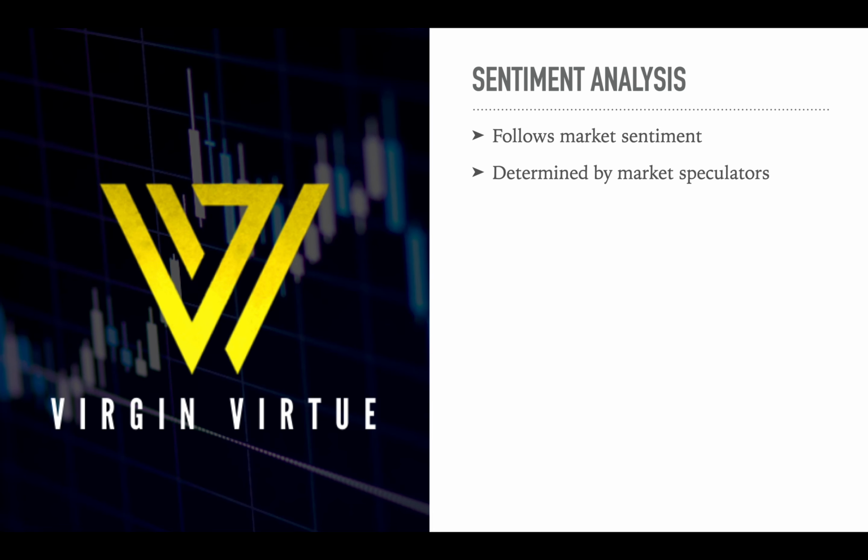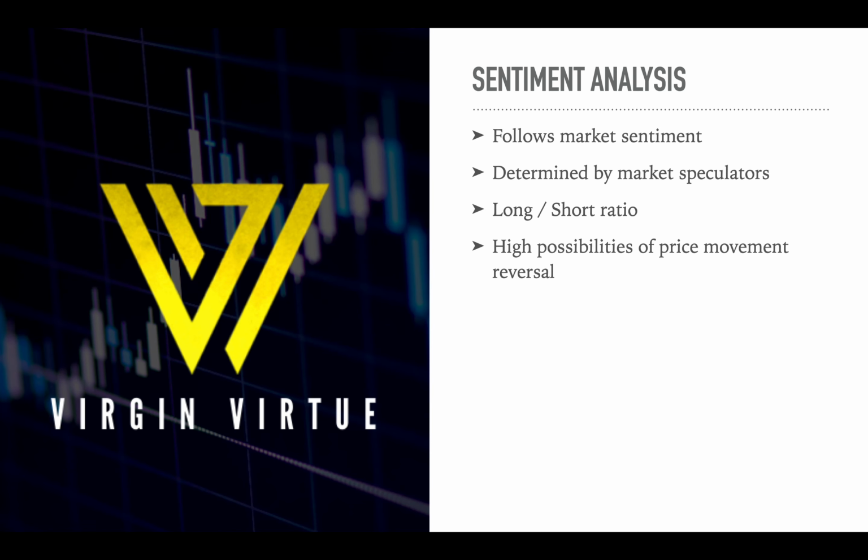All right, so this determines the long and short ratio, which is determined by the market speculators. Whichever direction the market should go is determined by the market speculators. So there are high possibilities of price movement reversal. No matter how good your technical analysis is, at the end of the day, like I said in my first or second video, the market speculators are actually the people who move the market.